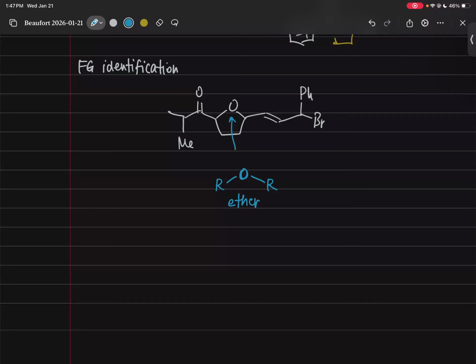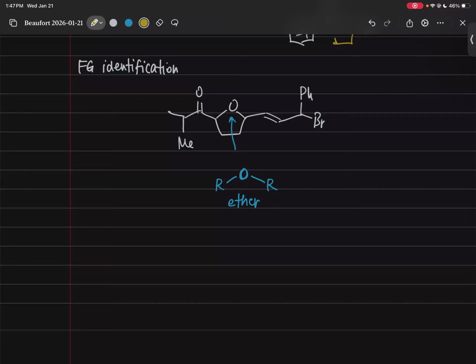So there's 1, 2, 3, 4, 5 other ones. There's a carbonyl group. Yes, there is. Yep.